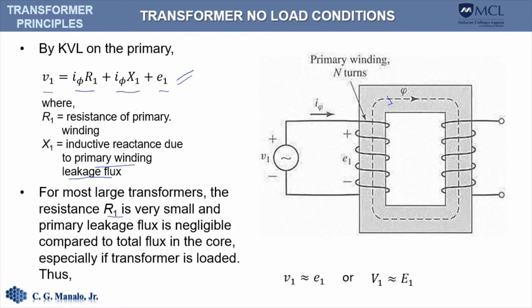Because of that, we can say that V sub 1, the applied voltage, is roughly equal to the induced voltage due to the primary flux inside the magnetic circuit, and that can also be formulated using phasors.